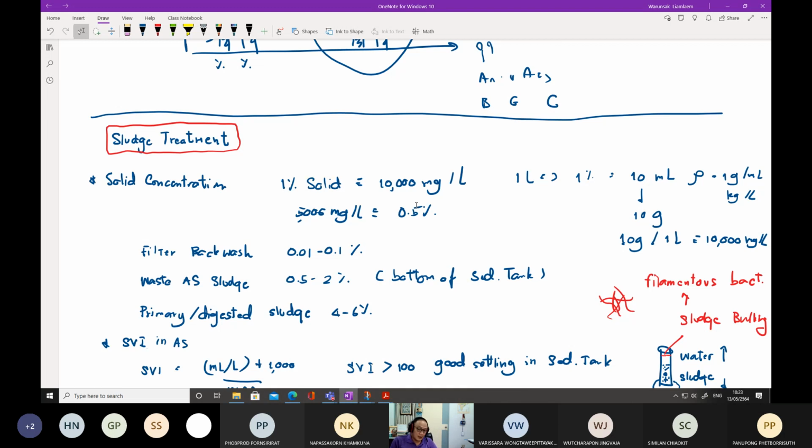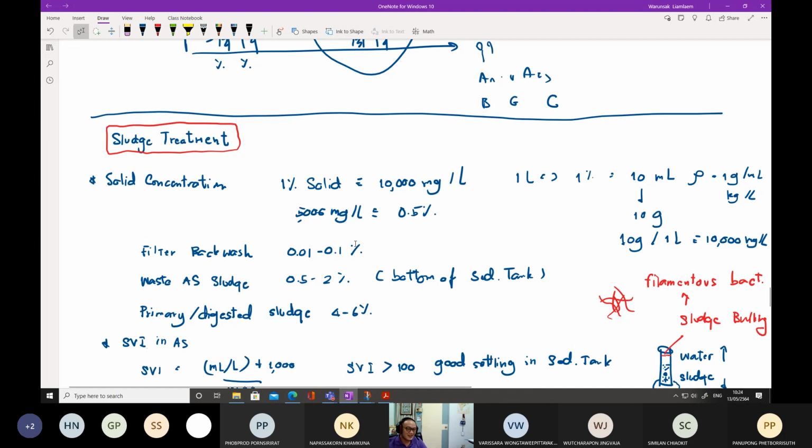If previously we were talking about dewatering, at the end we should achieve over 30% solids. So 30% means in 100, 30 is the solids, and the remaining 70 is the liquids. Considering the filter backwashing water, the percentage of the solids is between 0.01 and 0.1%.